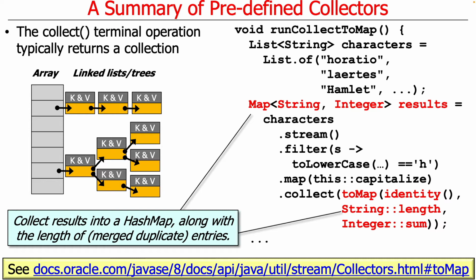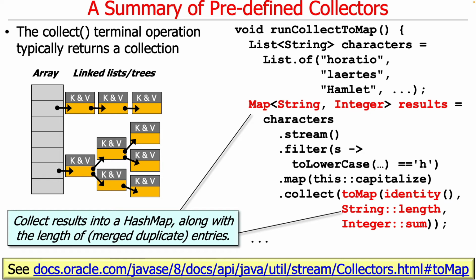So here's what this means. In this particular case, remember we've got Hamlet, the characters in Hamlet start with H, right? And so by putting the Function.identity method here, this says make the keys be whatever's in the stream at that point. So the keys in the map will be the characters in Hamlet that make it through the stream filters and so on.